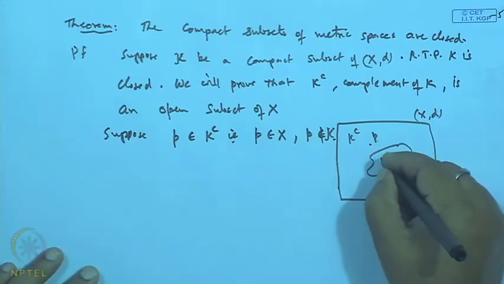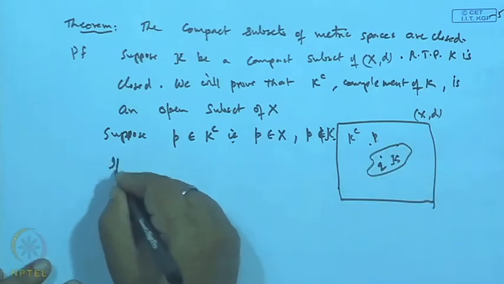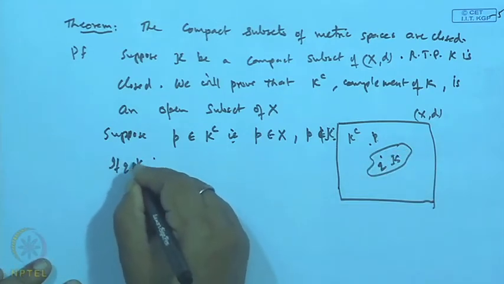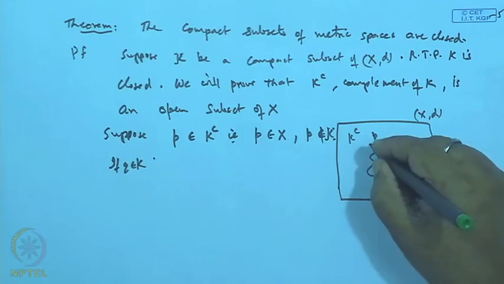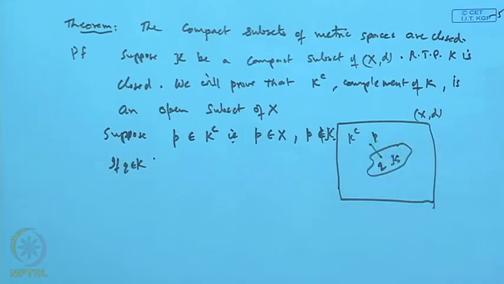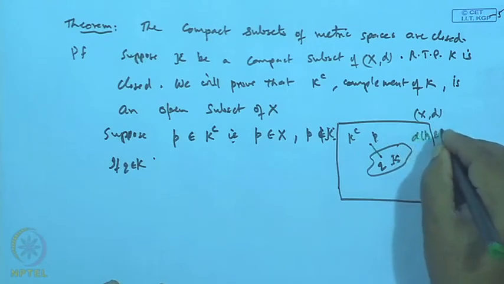Now, let us take a point q. If q belongs to K, then there is a distance between P and q, the distance d(p, q).